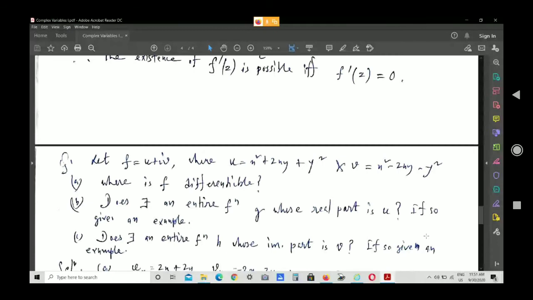So tell me at which points the Cauchy-Riemann equations are satisfied. You calculate Ux, calculate Vy, and tell me at which points Ux equals Vy and Uy equals minus Vx. Ux will be what? Ux means the partial derivative of u with respect to x.